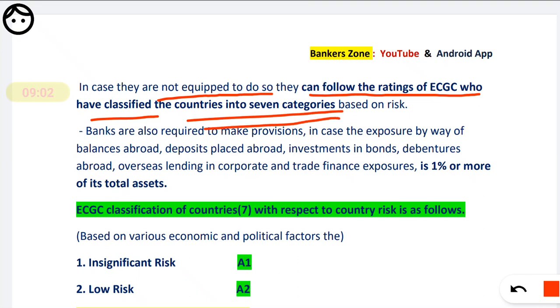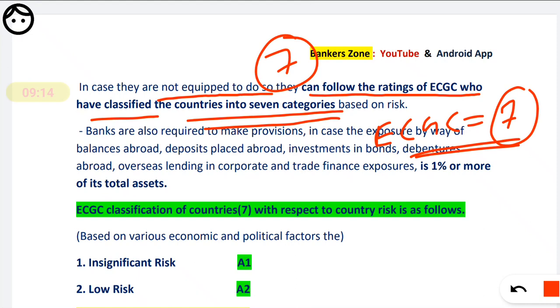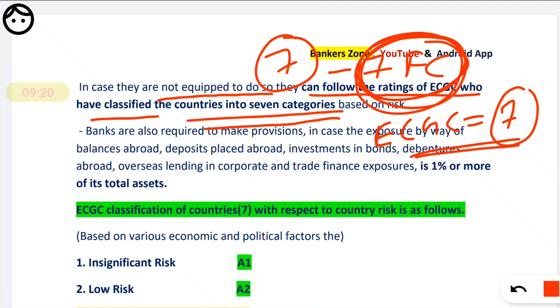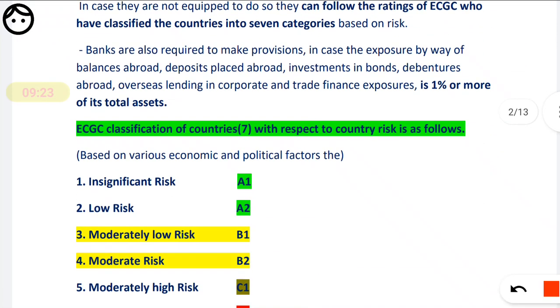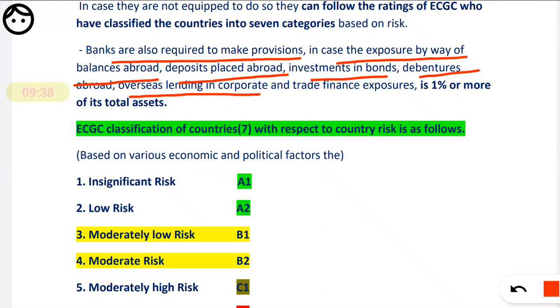So remember here one important MCQ: ECGC has classified countries for country risk into 7 categories. It is also called the 7-fold classification. Also, one important line we just discussed here: banks are required to make a provision in case of exposure by way of balances abroad, deposits placed abroad, investment in bonds, debentures, overseas lending to corporates and trade finance, which is 1% or more of its total assets.